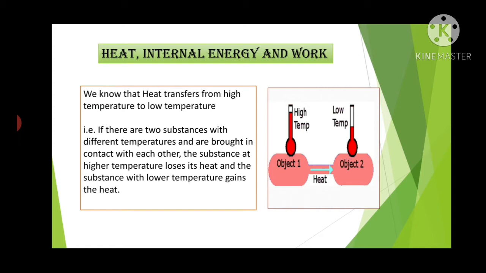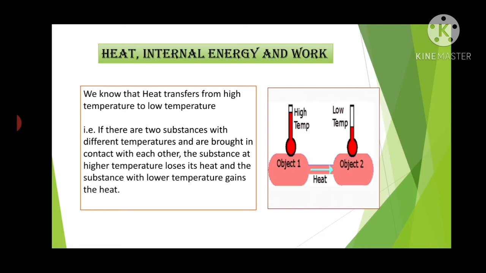If there are two substances with different temperatures and these two substances are brought in contact with each other, then the substance at higher temperature loses its heat and the substance with the lower temperature gains the heat. That means the high temperature object will transfer its heat to the lower temperature object.